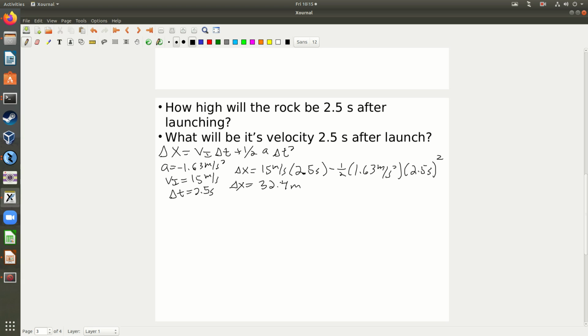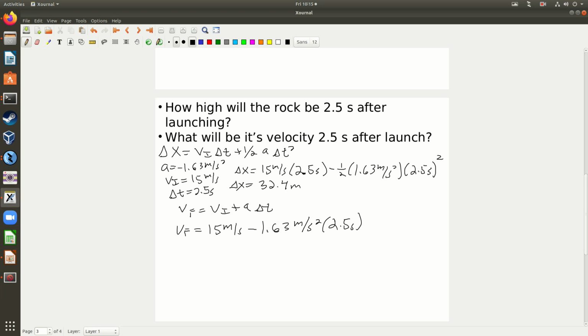Then we need to know its velocity 2.5 seconds after launch. The velocity formula is Vf is equal to Vi plus A delta t. We want the final velocity, Vf. The initial velocity is still at 15 meters a second, minus the acceleration of 1.63 meters a second squared times 2.5 seconds.